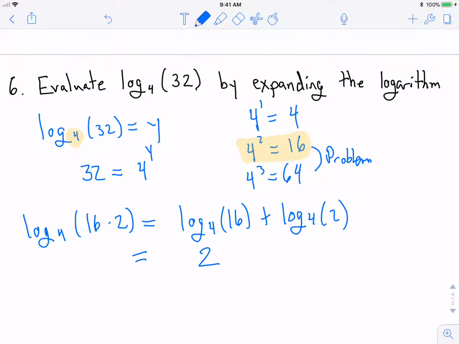And log base 4 of 2 is going to be 1/2, since the square root of 4 is equal to 2. So these two facts are right here. And then the answer is the log base 4 of 32 is equal to 2.5.